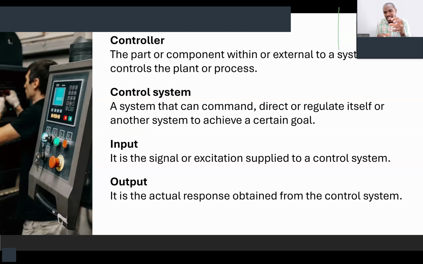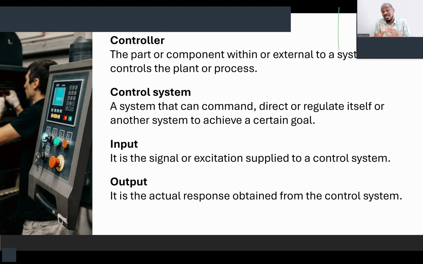But that thing that controls the plant or that controls the process, that thing is called the what? The controller, right? Is the one that is pushing, is doing something to your plant to change its nature, to change its properties, to change something about it. Okay? Control system then is a system.